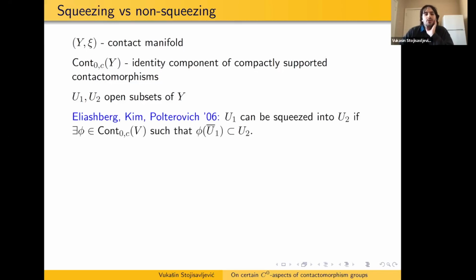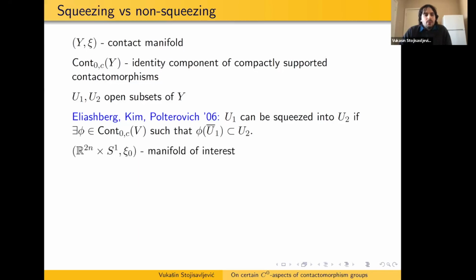And here is a definition given by Eliashberg, Kim, and Polterovich in 2006. We say that U1 can be squeezed into U2 if there is a compactly supported isotopy such that the closure of U1 is a subset of the closure of U2. And I think the point here is to look at the isotopy, because otherwise it's just an embedding.